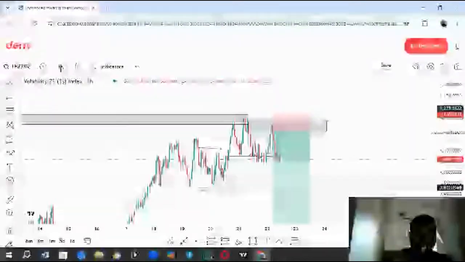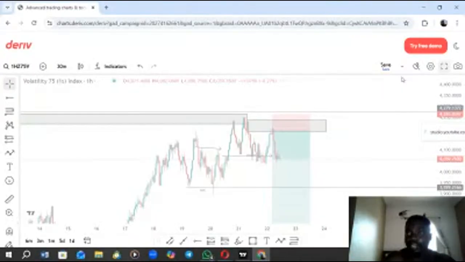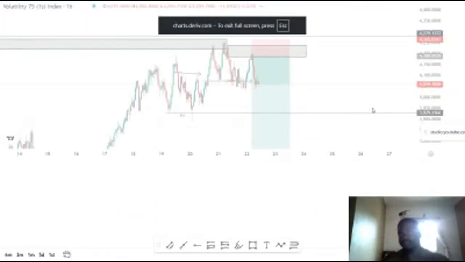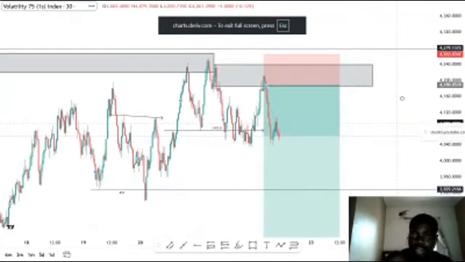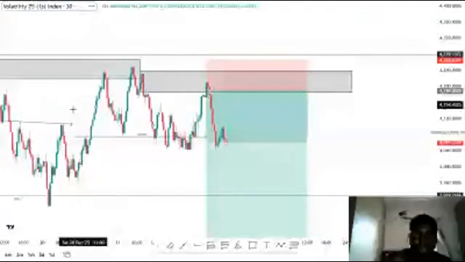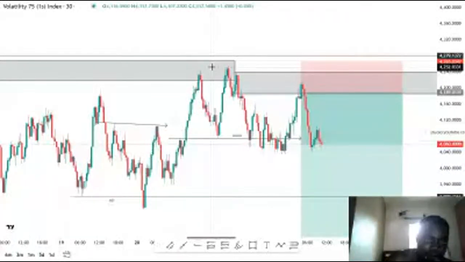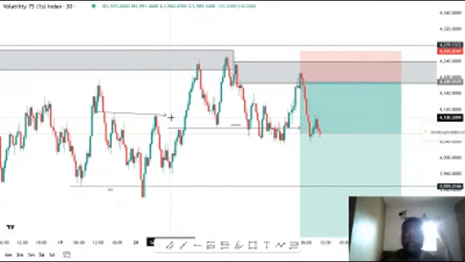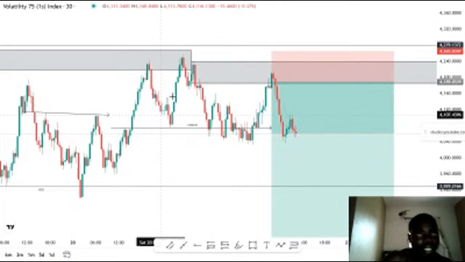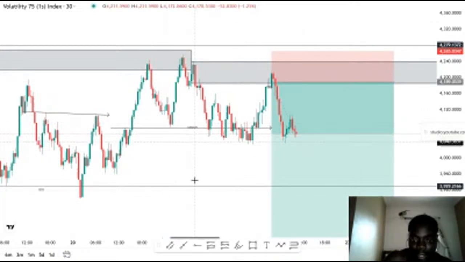Now, a better way to have entered this trade on the 30 minutes is this. You can see after price mitigated this zone, we would have waited for a confirmation, which is a change of character, because we are overall bearish, which we had here. You can see what price did here.